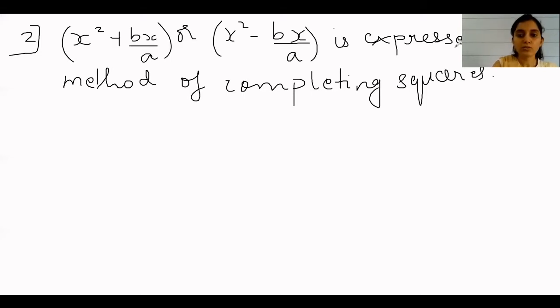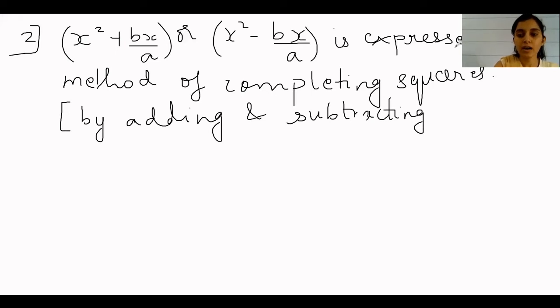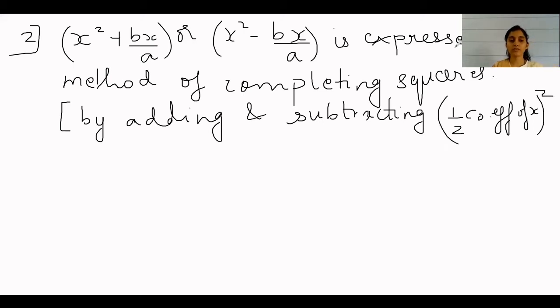How do you complete squares? By adding and subtracting half into the coefficient of x, the whole square. It is the coefficient of x the whole square, not the coefficient of x square.